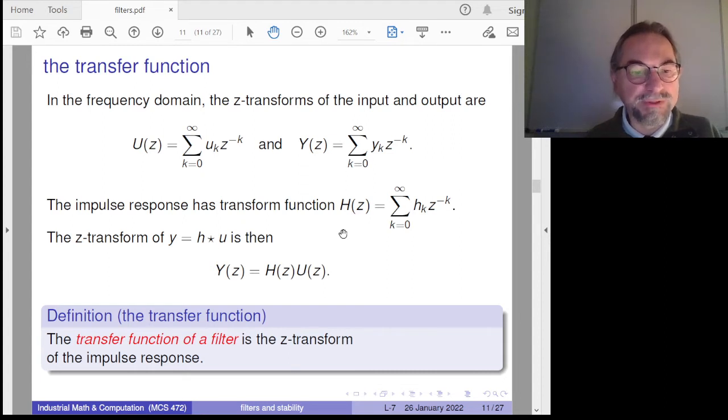And the Z transform of the impulse response is the transfer function. So the definition here properly defines the transfer function. So ignore the word transfer function earlier on the slide. Okay.